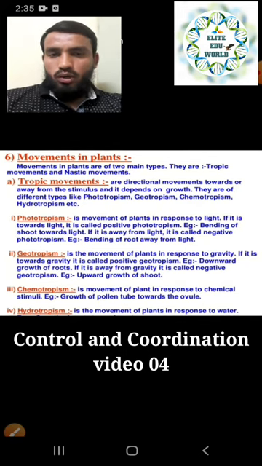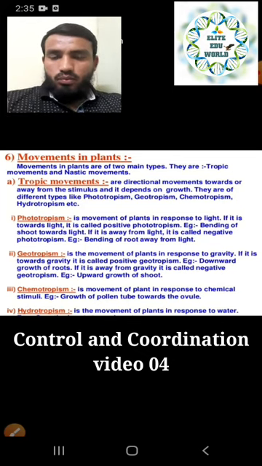So that is called positive geotropism, right. The movement of the roots towards the gravity is positive.